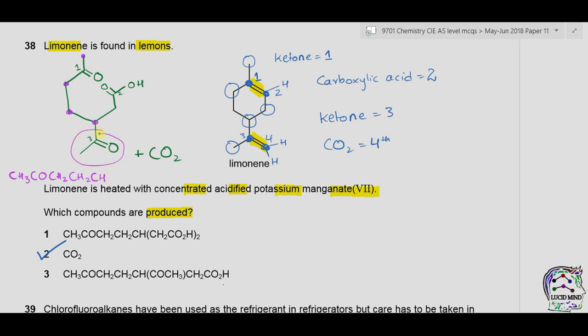And this whole group is attached with this carbon, which is C double bond O, CH3. So we can write CO, CH3. Then we have this carbon which also has 2 hydrogen atoms, so it is CH2. Then finally this carbon atom, which is carboxylic acid.